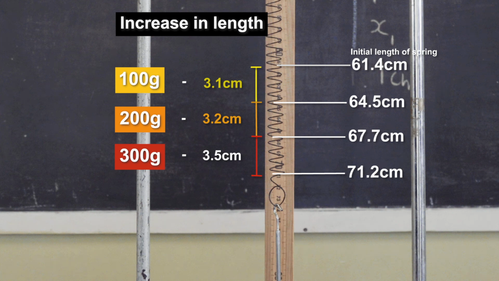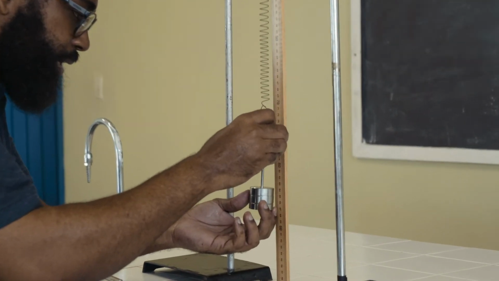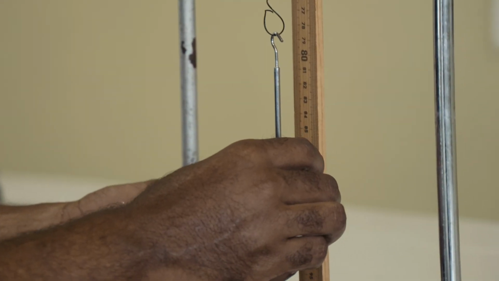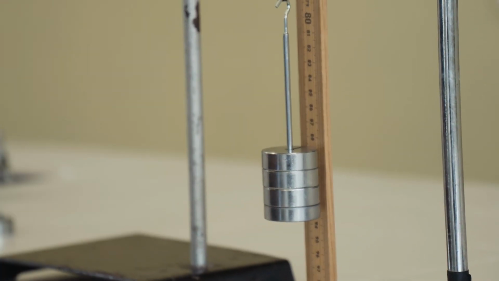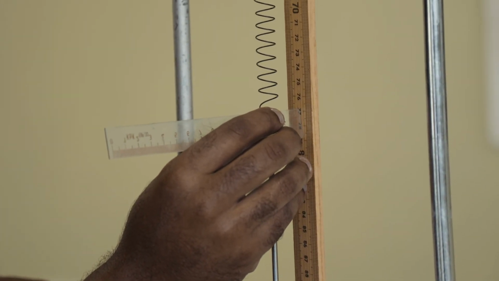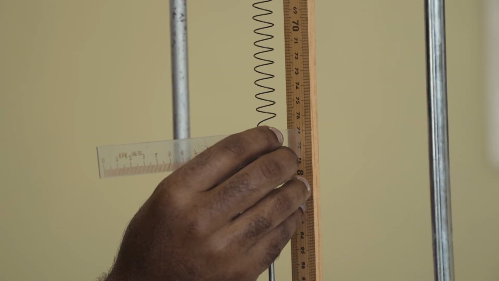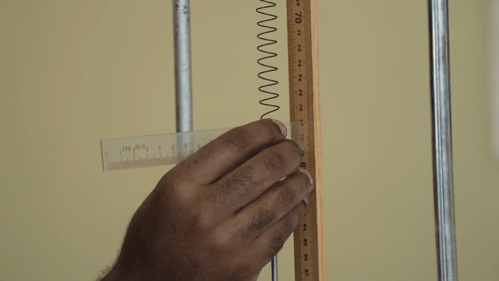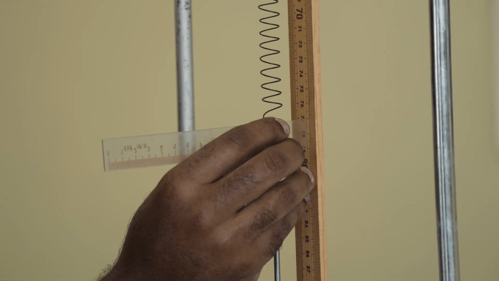Not bad. And we can try one more just for the sake of it. We load a final mass again, being cautious not to put the system into vertical oscillation, and measure the change in length. And this is 76.4.